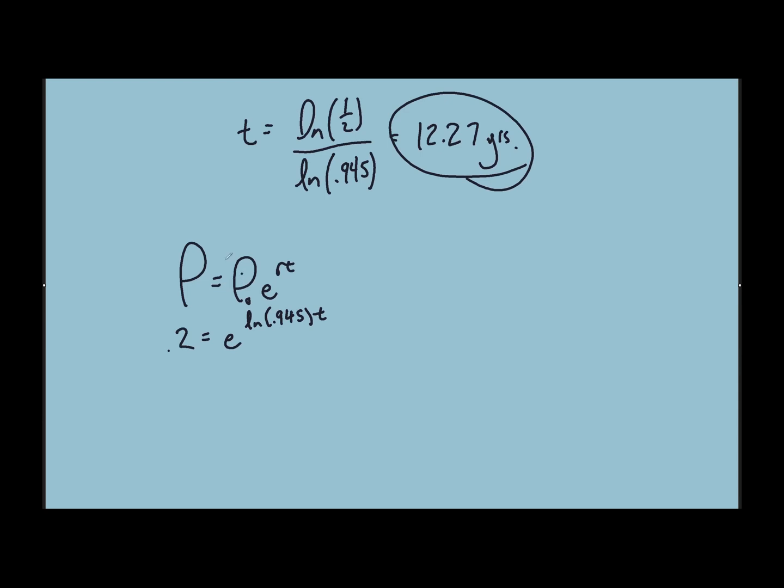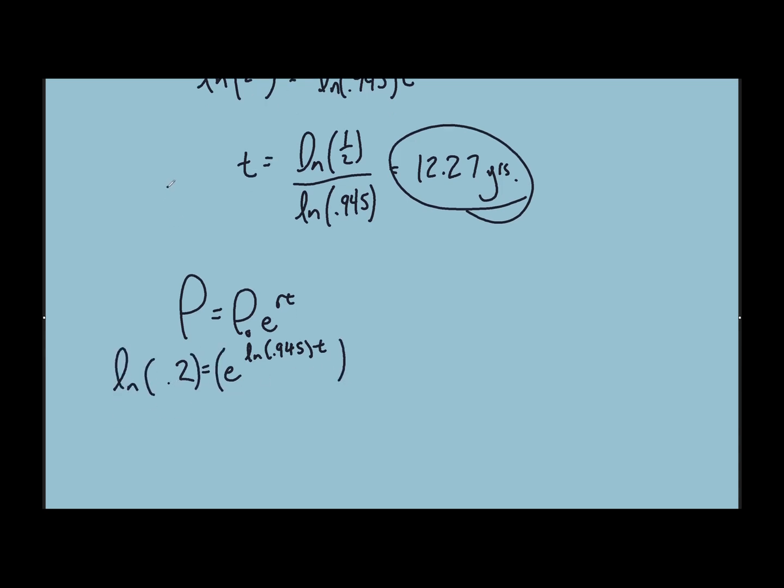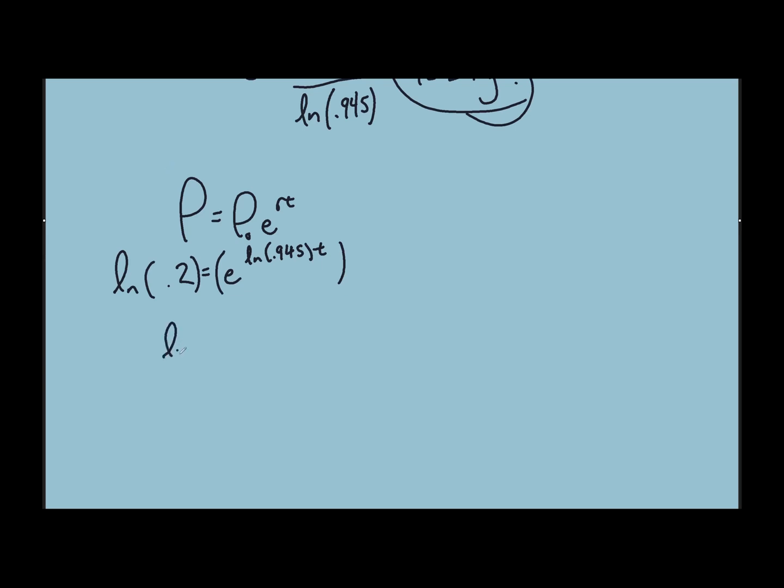Is that not accurate? So if I take the ln of both sides, then we should get ln of 0.2 equals, and of course the ln of e cancels out again, right? So ln of 0.945 t.